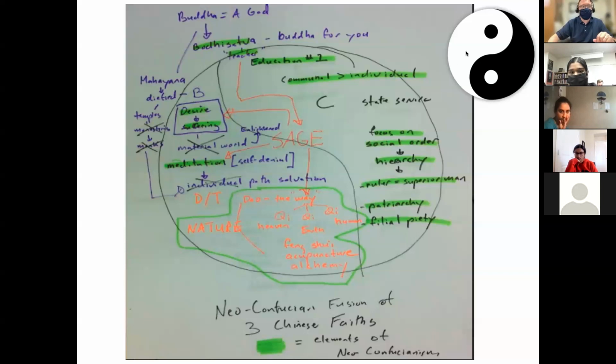So Taoism would say nature, man, nature more powerful, man inferior, subordinate, but it's still a unified whole. So Neo-Confucianism is the fusion of the three faiths. Comes out of China during the Song dynasty.